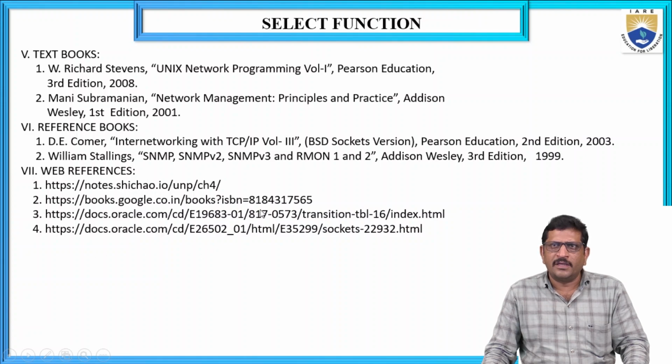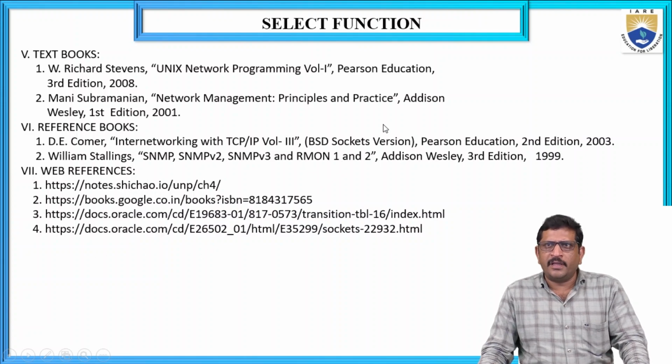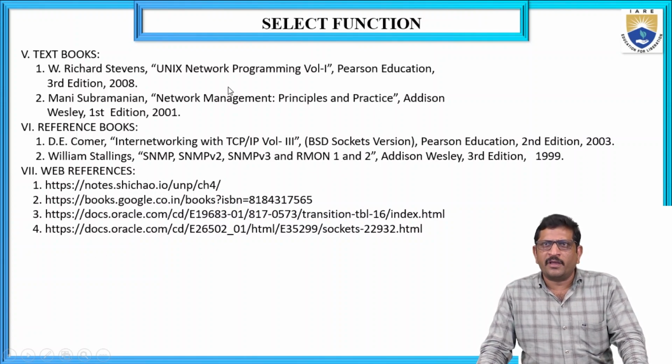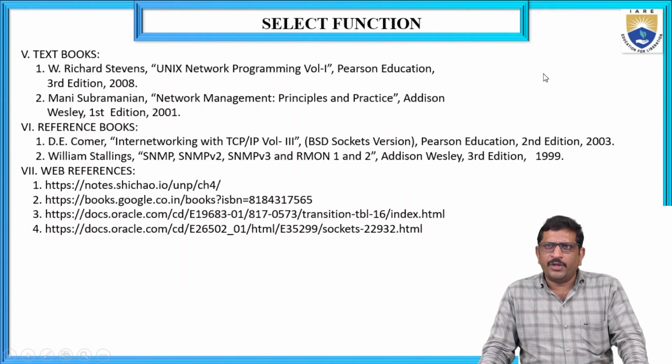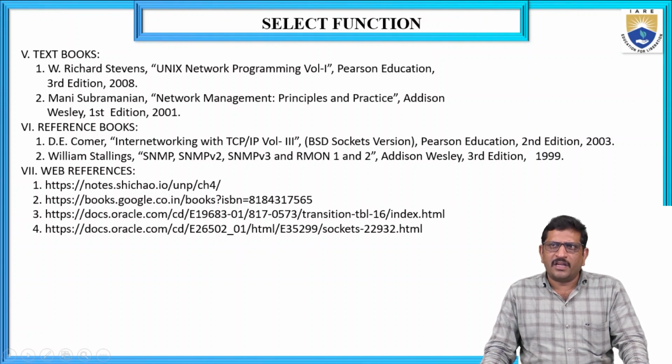So this is about the select function in network programming. Mainly, the select function can be utilized for data communication between the primary device and the secondary device. By using the select function, a particular secondary device can be selected, that is device 1, device 2, device 3.